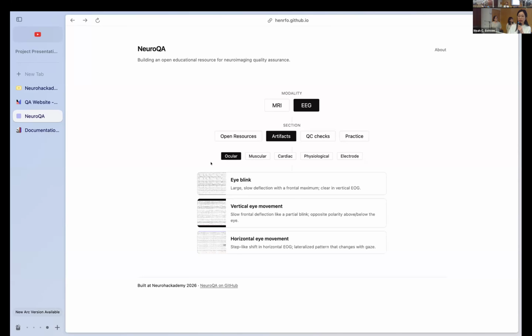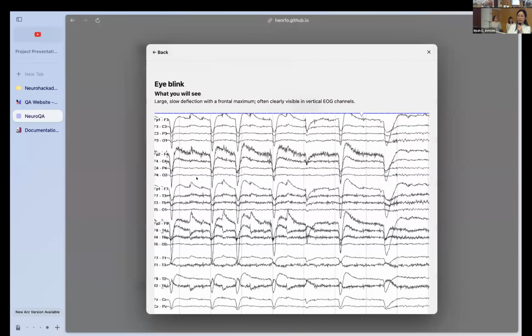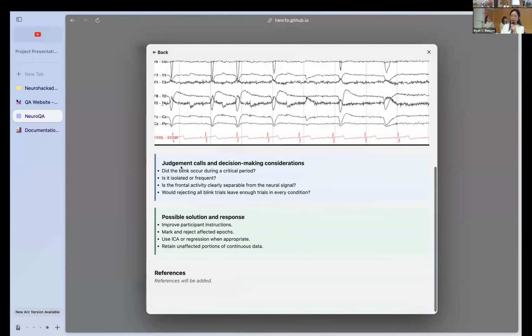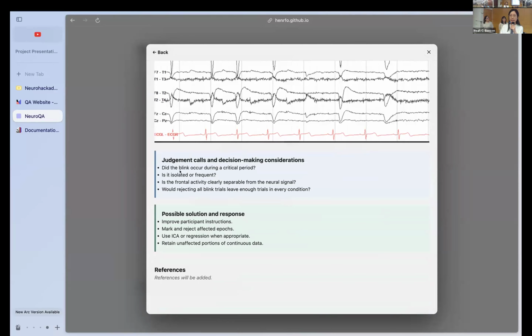We provide not just a figure of the eye blink or a single EEG artifact, we also show what you will see in the raw data and how the eye blink will look. We also have judgment calls and decision-making considerations, so you can ask these 4 questions when you see your raw data to judge whether this is an eye blink or just a regular EEG waveform.